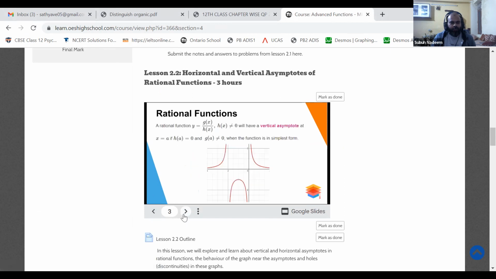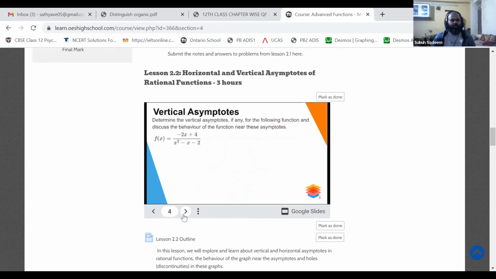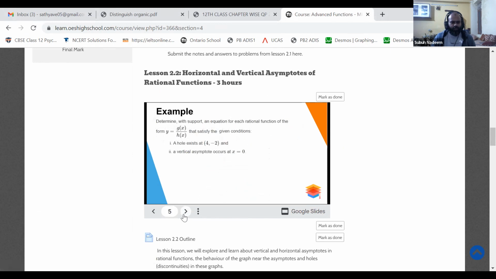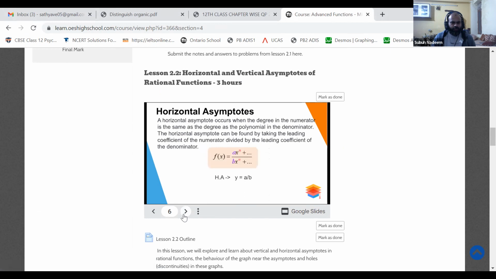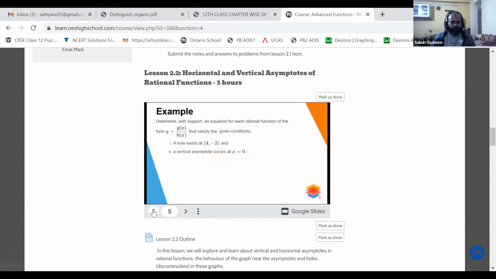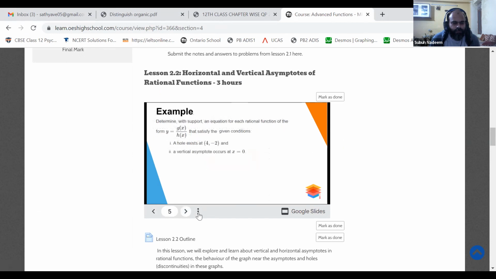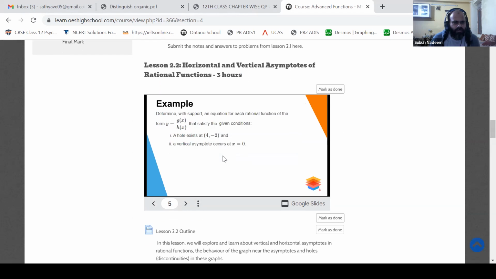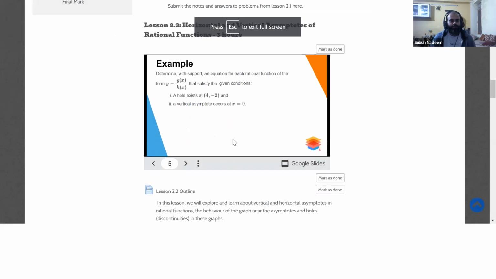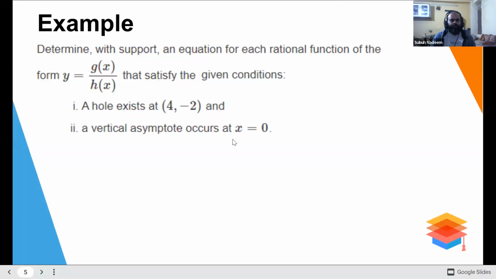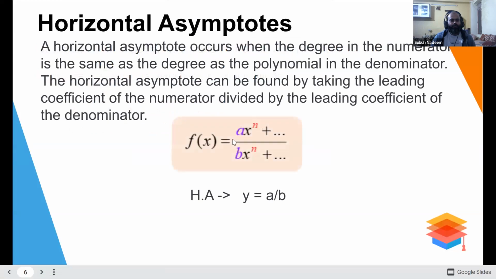We did only vertical asymptotes. Horizontal we have not done. Yeah, this one, sir.